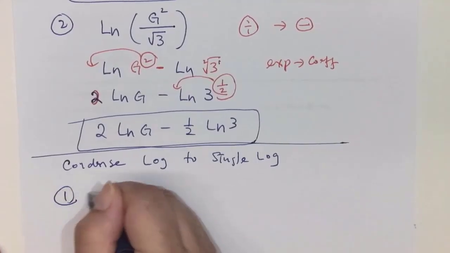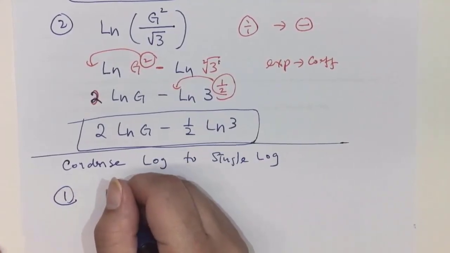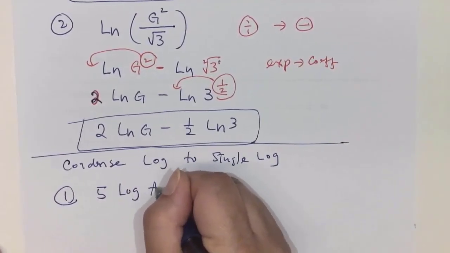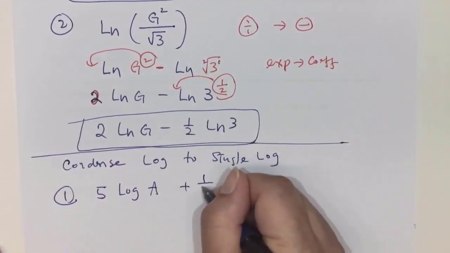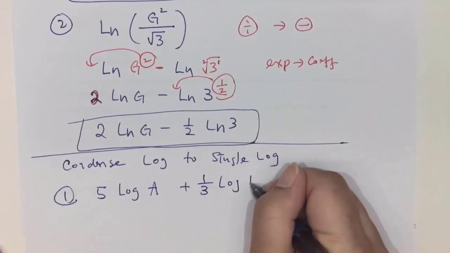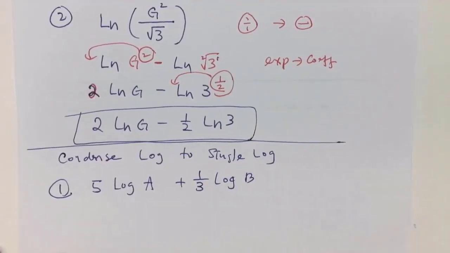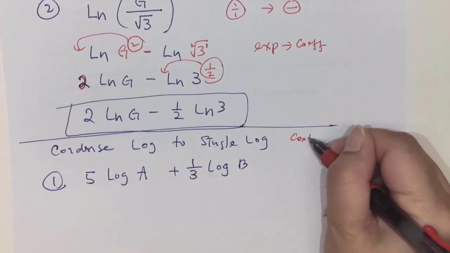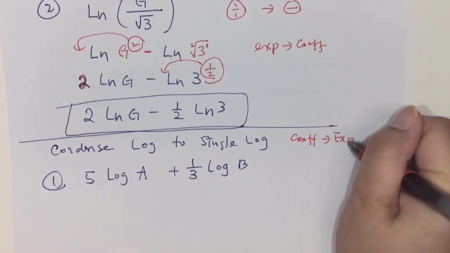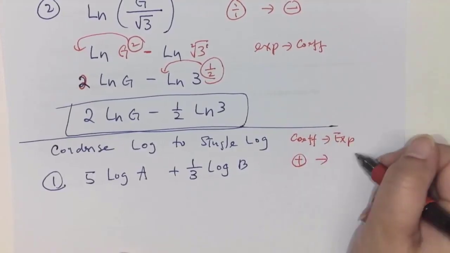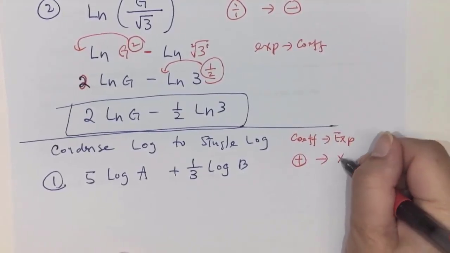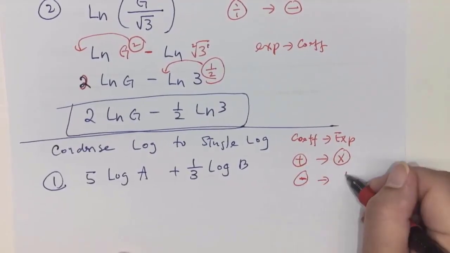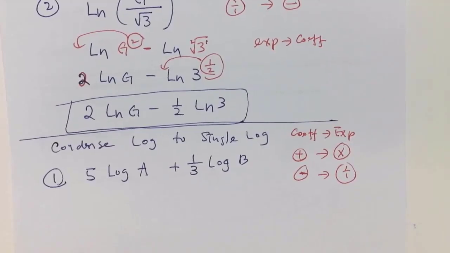So the first one, we have a number times log A adding 1/3 log B. We're doing the opposite rules, right? So if we see a coefficient, it will turn into what? Exponent. If we see addition, we will turn that into multiplication. If we see subtraction, it will turn into division. So just reverse those 3 rules.